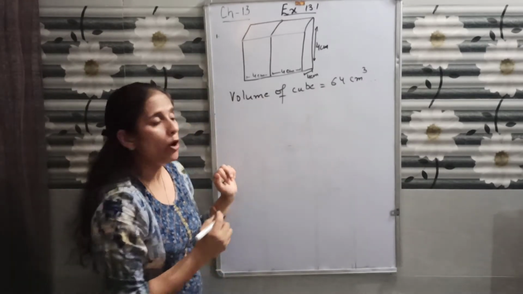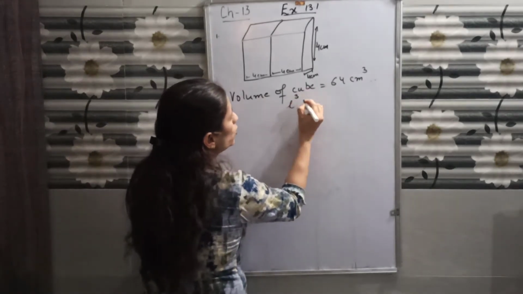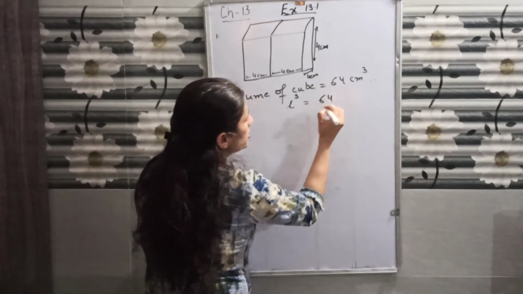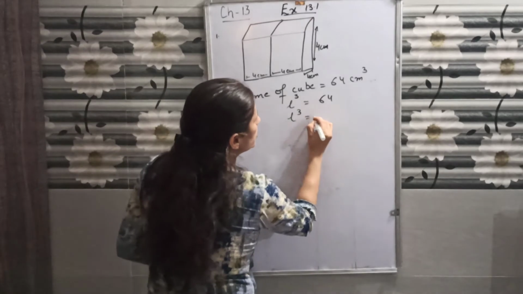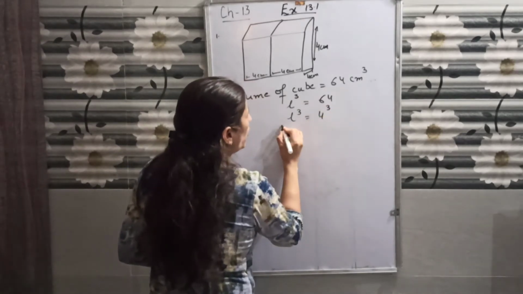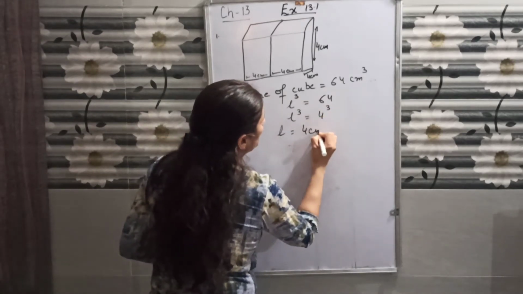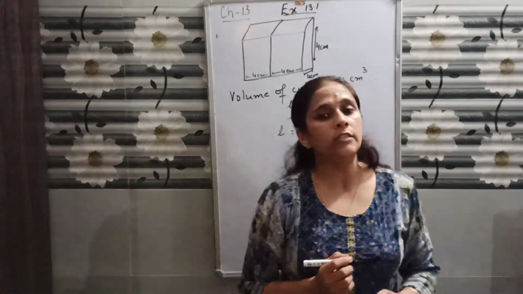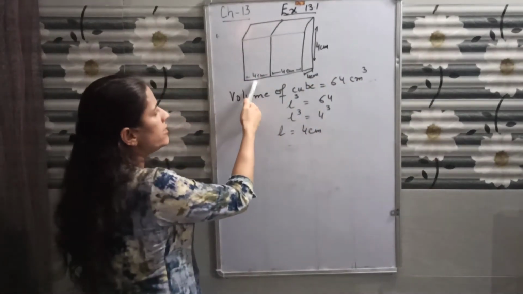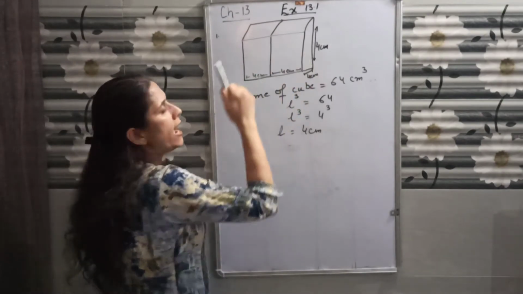What is the formula for volume? Volume is L cube. L cube is 64. So we can say L cube is equal to 4 cube. So L is 4 centimeter. That is, the side of the cube is 4 centimeter. Length is 4, breadth is 4, height is 4.